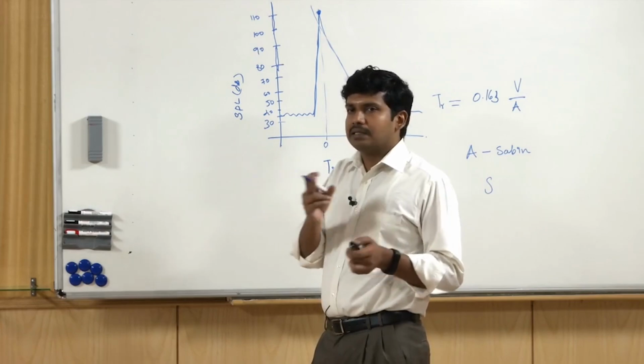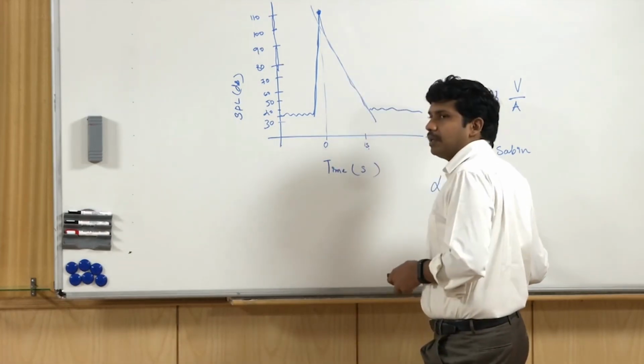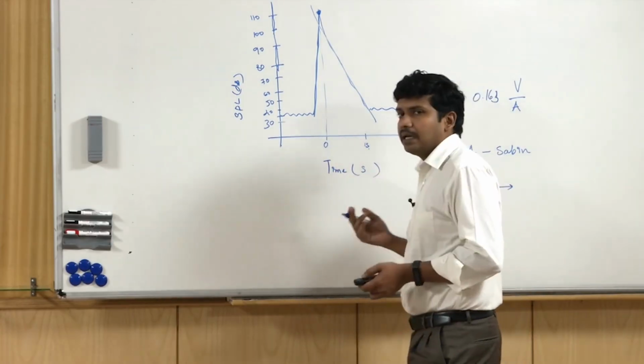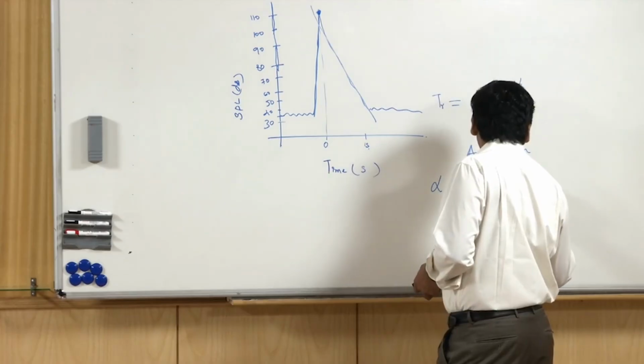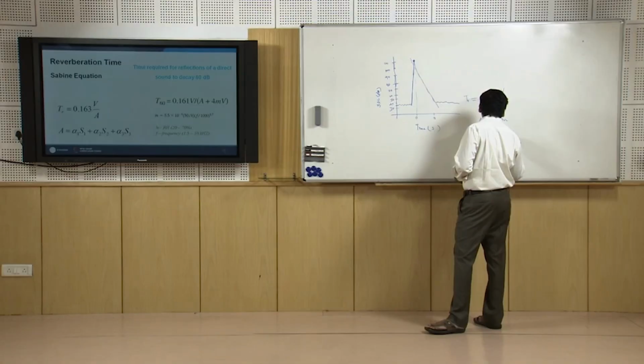First is the wall surfaces, the surface area of the wall. If you have to compute reverberation time, the first thing you need to do is compute the surface area of the wall surfaces. So you have 4 walls, it is a 4 meter by 4 meter room, 4 by 3 meters, you have 4 walls, this will be the surface area.